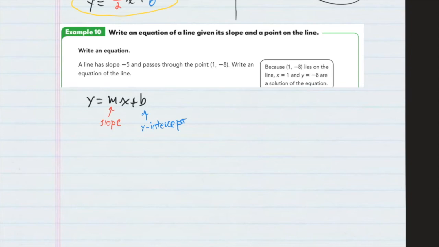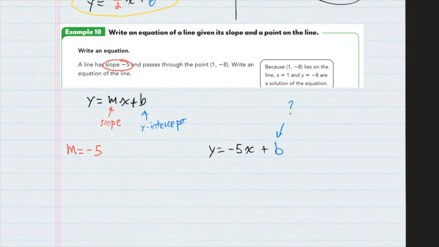Well, we're given that the slope is -5. So right away we can say m equals -5. But we're not given anything else, right? So at this point, we would just have y equals -5x plus b. We don't know what b is.